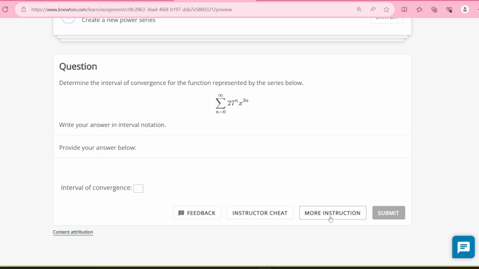And you can work through the entire assignment this way. Every time you see a question with more instruction, you can click on that, go to some new problems, and finish the assignment like that, every single problem. And there is absolutely no shame in that, nothing wrong with that at all.